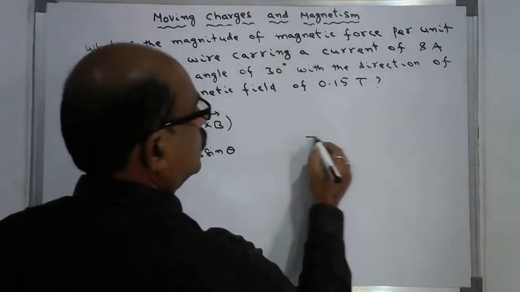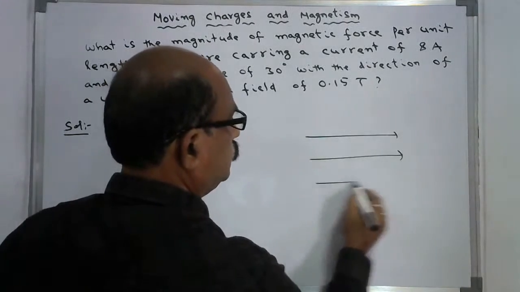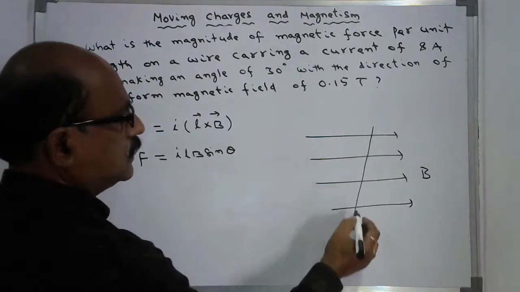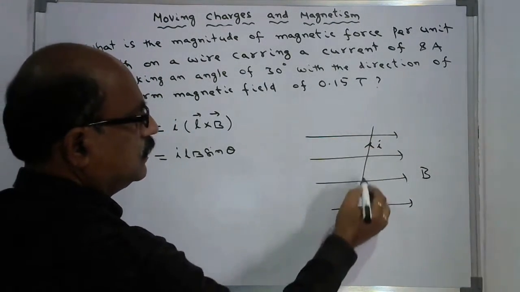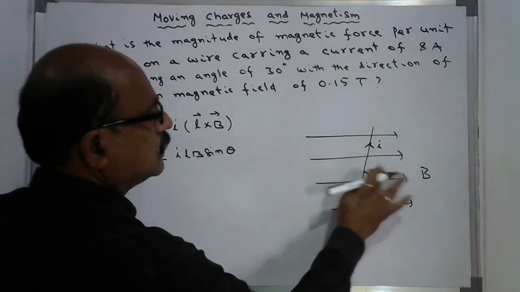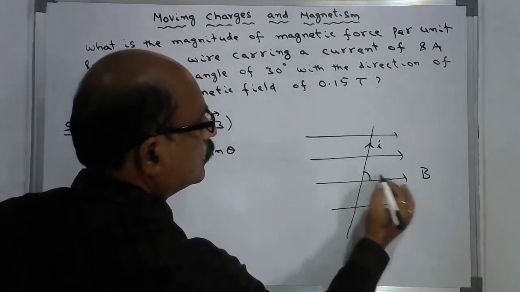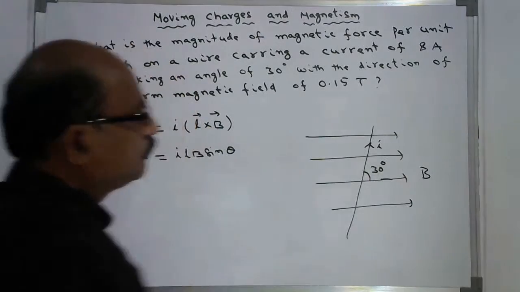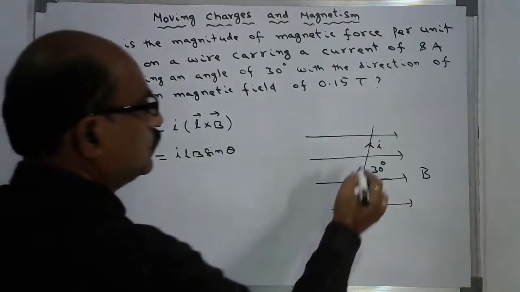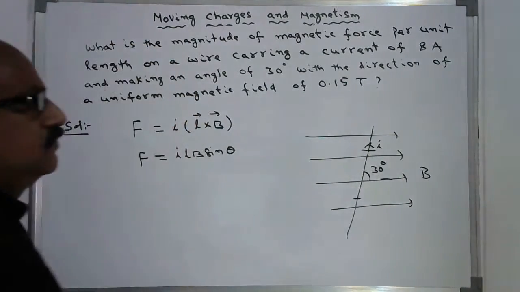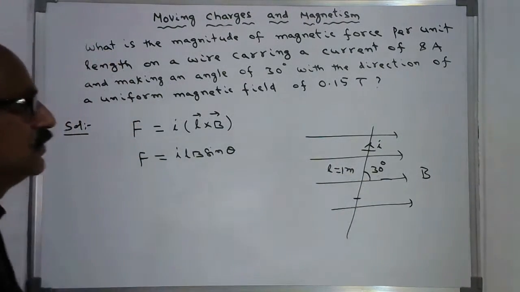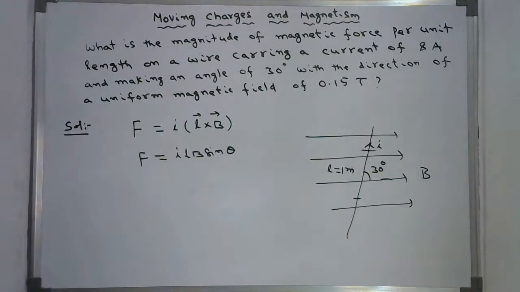See, this is the magnetic field induction B, and a current carrying conductor carrying a current I, making an angle of 30 degrees. Whatever the length of the conductor may be, we only have to find the force on unit length, that is equal to 1 meter.